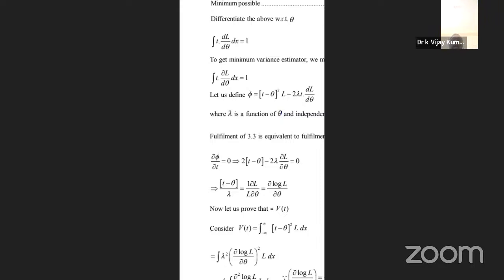Why? Because when we take the partial derivative of phi with respect to t, we apply the chain rule to (t minus theta) whole square, like x square. What is d by dx of x square? 2x.